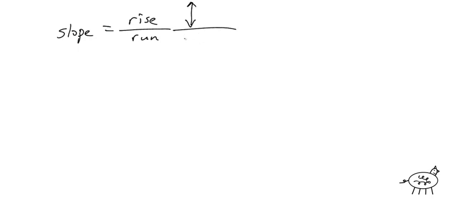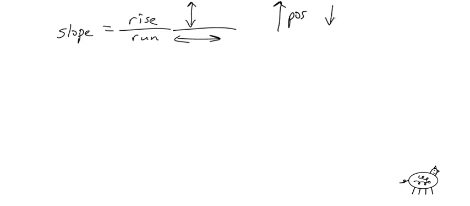All right, so let's talk about the other two kinds of slope. We know it's positive and negative, but let's actually talk about how you figure out slope. Slope is rise over run. Rise means how much you go up and down, and run means how much you go left and right. If you're going up, it's positive.